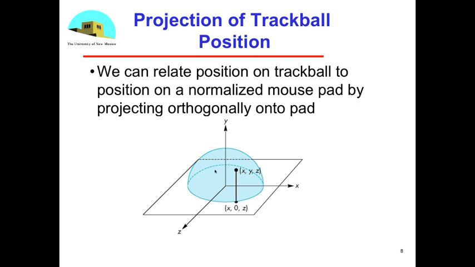Let's assume it's all within the positions I'm moving in, or within this circumference based on the radius of the sphere. So given an x, z, 0, a position of the mouse in this plane, how do I get this x, y, z? I go straight up and use the fact that this ball has a known radius r.